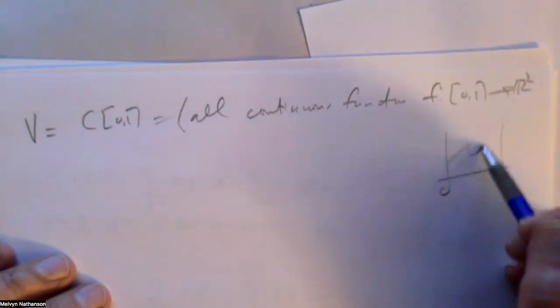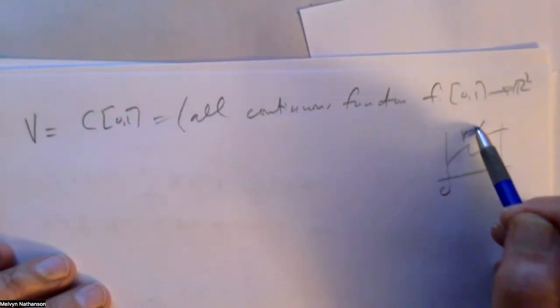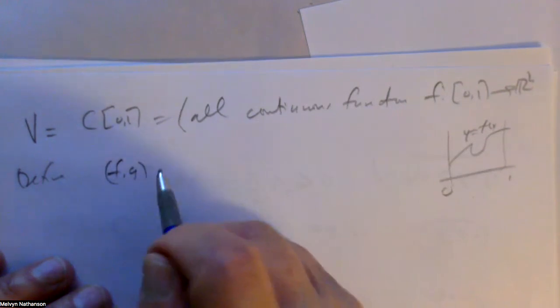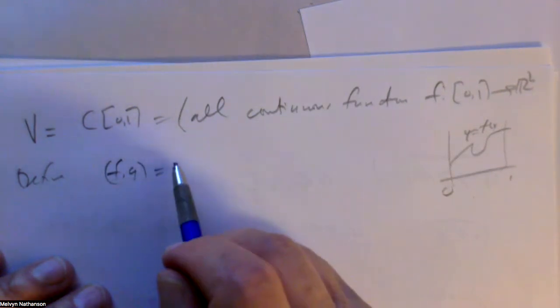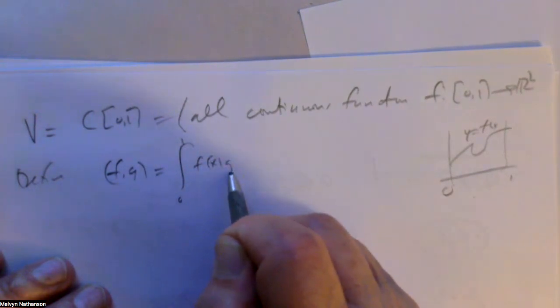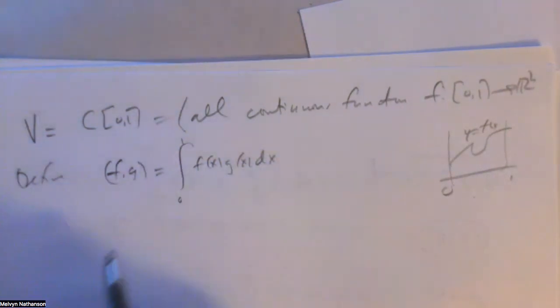So all continuous functions, y equals f of x. And define the inner product of f and g to be the integral from 0 to 1 of f of x, g of x, dx. So I claim this is an inner product.